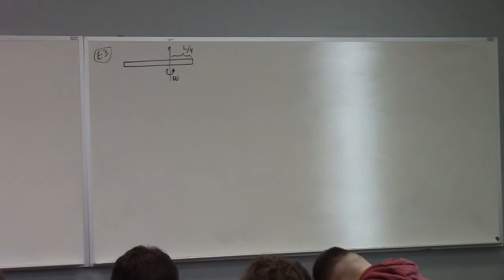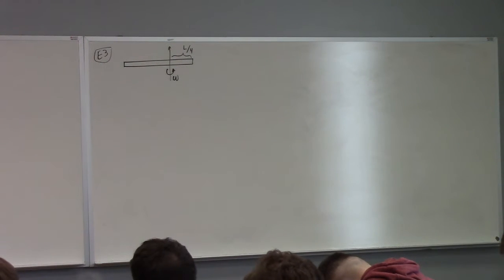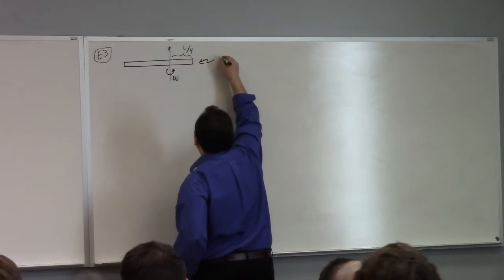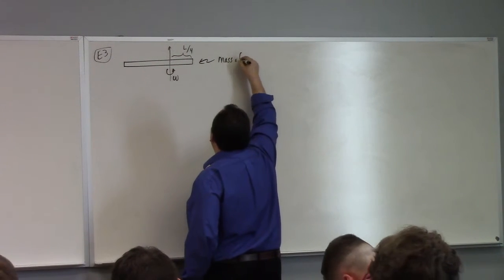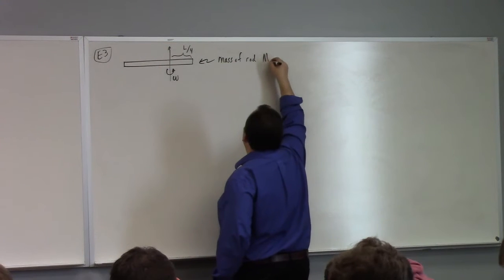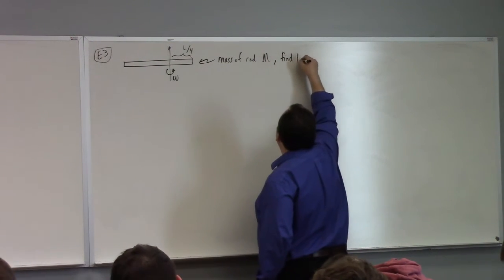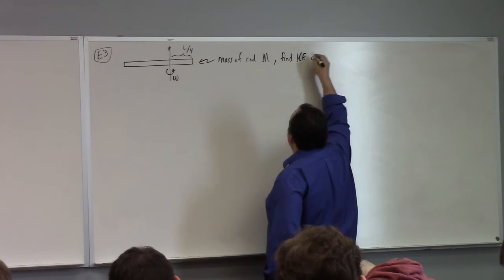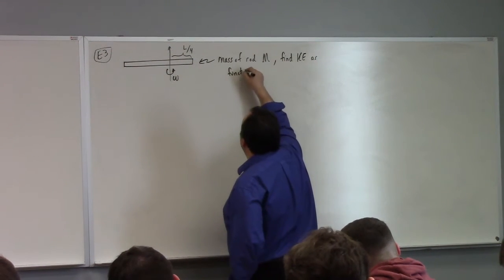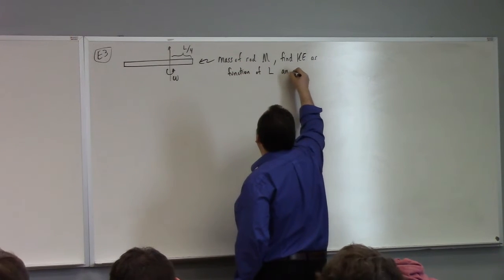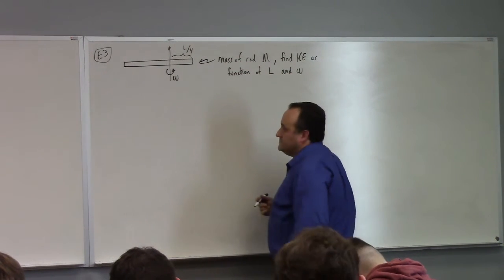The question is, what's the kinetic energy of such a rod in terms of L and omega? So the mass of the rod is m. Find the kinetic energy as a function of the length of the rod as well as its angular velocity omega.